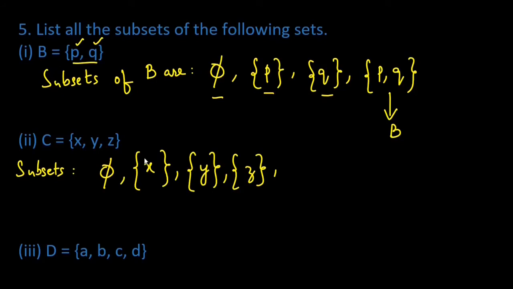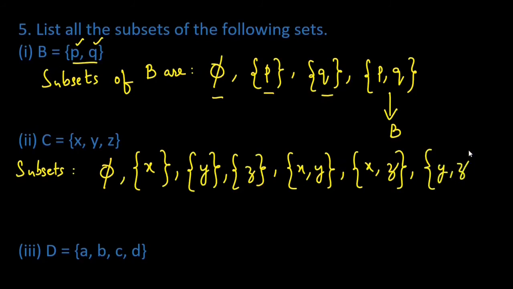Now go for two elements: x, y, then x, z, then y, z. So we finished taking two elements. Then next go to three elements. So x, y, z. So this is equal to C only. So we have here 1, 2, 3, 4, 5, 6, 7, 8. So we get 8 subsets here.